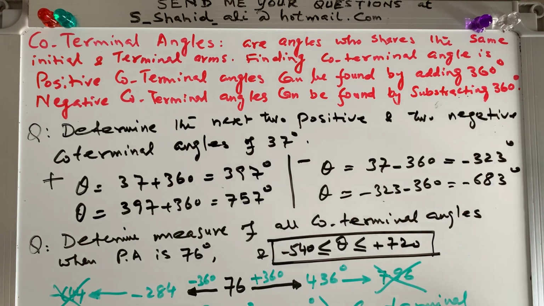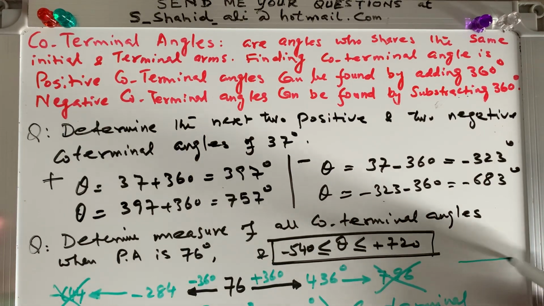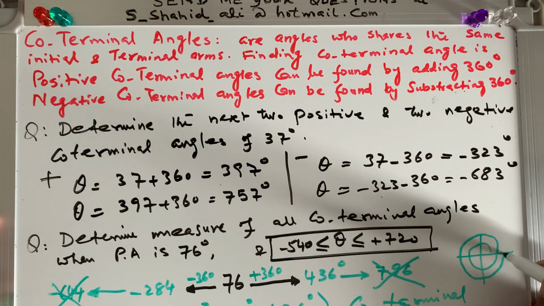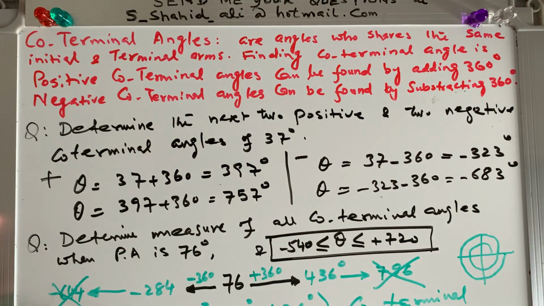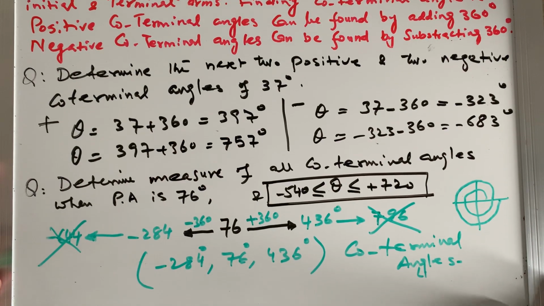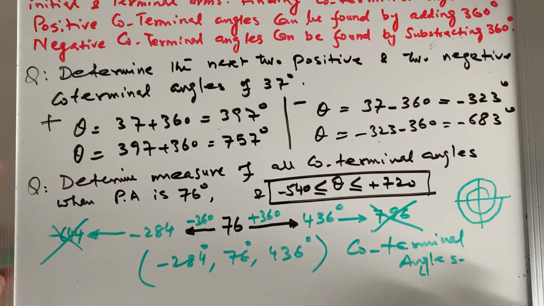If you count the number of loops, you can find the number of the loops. If you have an angle like this and you rotate it, this is 360. If you go again, that will be another 360, right? And if you go again, that will be the third. So it is also sometimes said that you can count the number of loops and then put it in the formula.